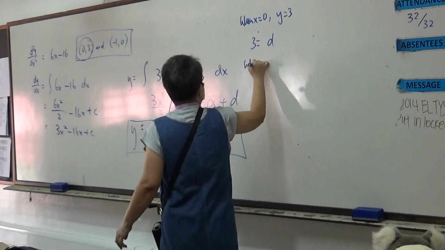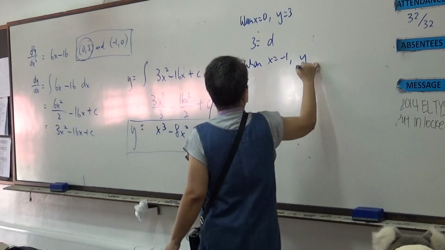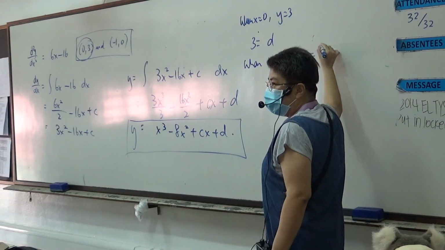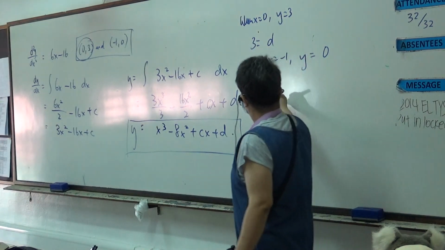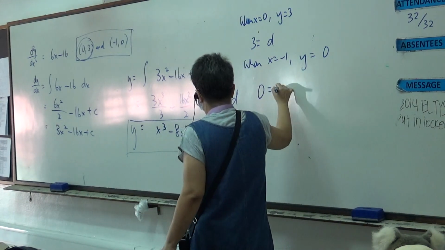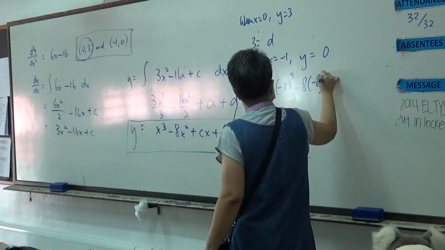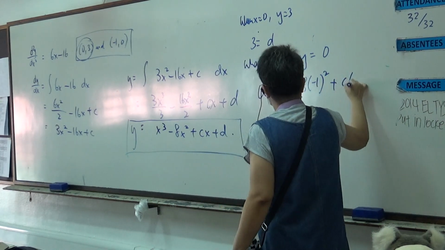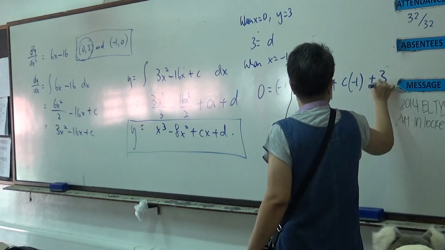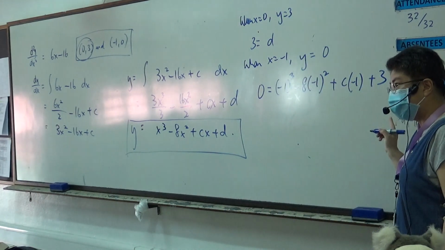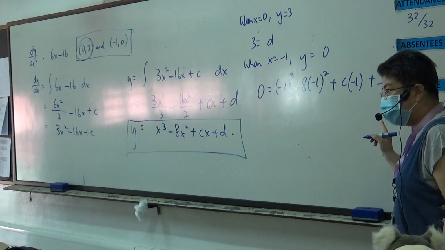How about when x equals negative 1? What is my y? 0, right? Can you see the other point? So when y is 0, I will have negative 1 cubed, minus 8 times negative 1 squared, plus c times negative 1, plus 3, because d I already found out is 3. Understand what I'm talking about here?